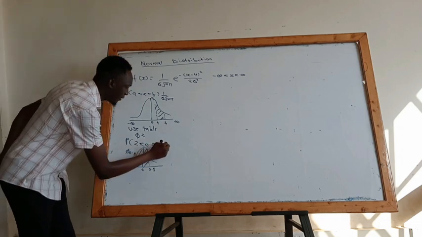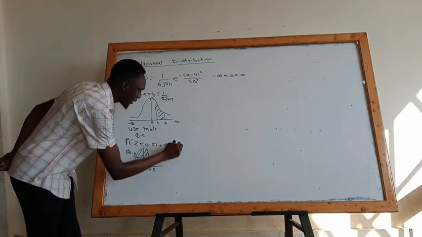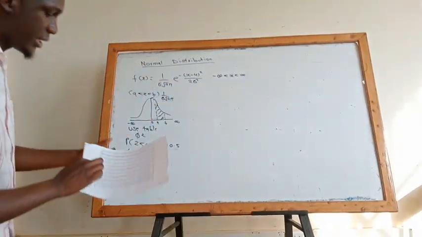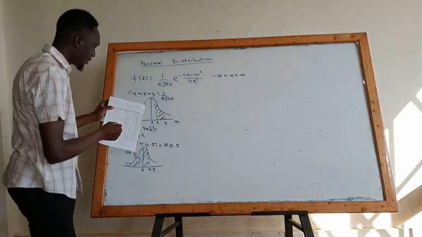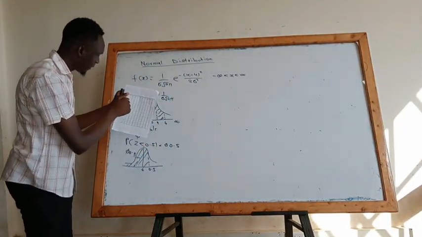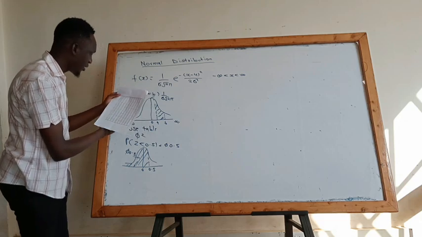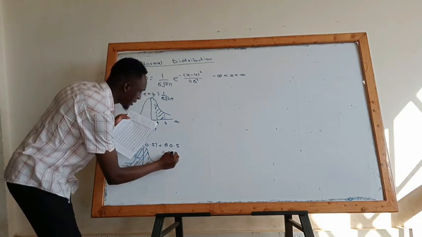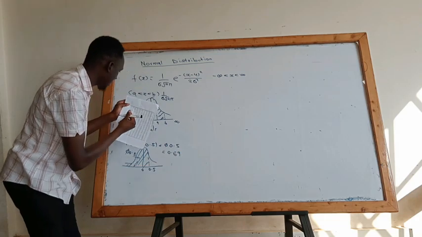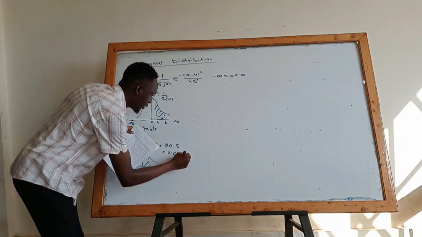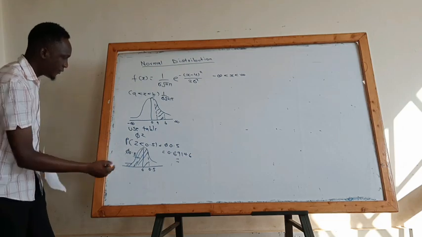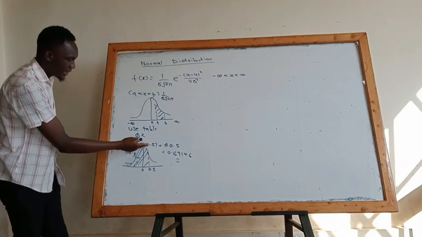Now using our standard normal table, we look for 0.5, which is 0.69146. So this is the area of z less than 0.5.